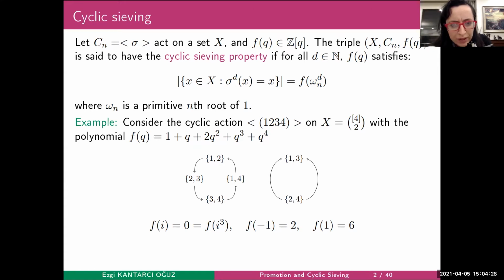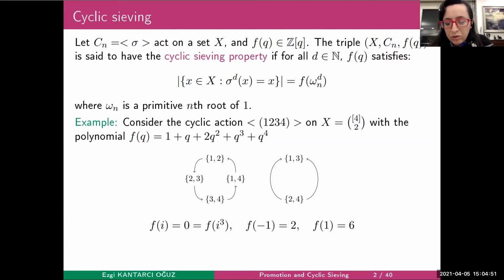I think it should be 2 instead of 1. Oh, no, that's correct. So if we plug in i or i cubed, we get 0, which says that our action, if we apply it once or 3 times, has no fixed points. If we apply it twice, that's plugging in i squared, which is -1.